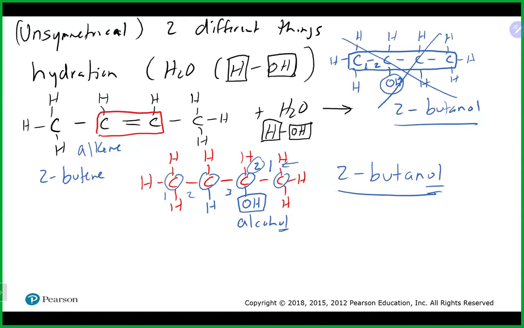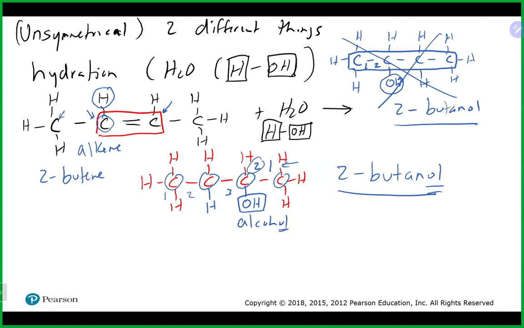The real reason and why you know it doesn't matter actually has to do with the carbons that were in the double bond to start with. And when we look at each of these carbons here in this double bond, how many hydrogens does each one have directly attached to it? Carbon on the left has how many hydrogens directly attached to it? Just one, right? Because this is a carbon that's attached to it.